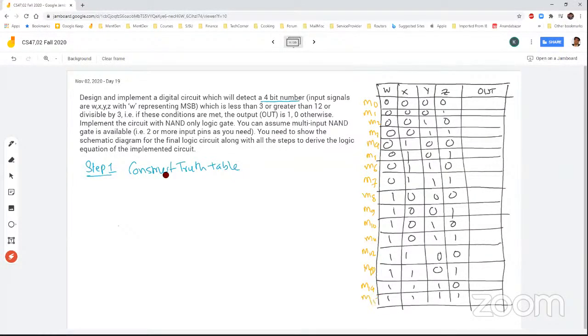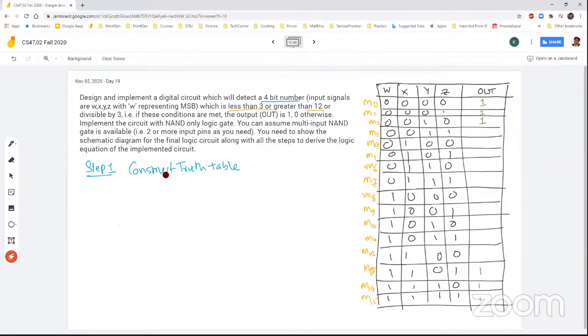Now, we can clearly say if anything is less than 3 or greater than 12, we can just make the output 1. So 0, 1, 2 are definitely 1. And greater than 12, that means 13, 14, 15 are 1. Or they're divisible by 3.